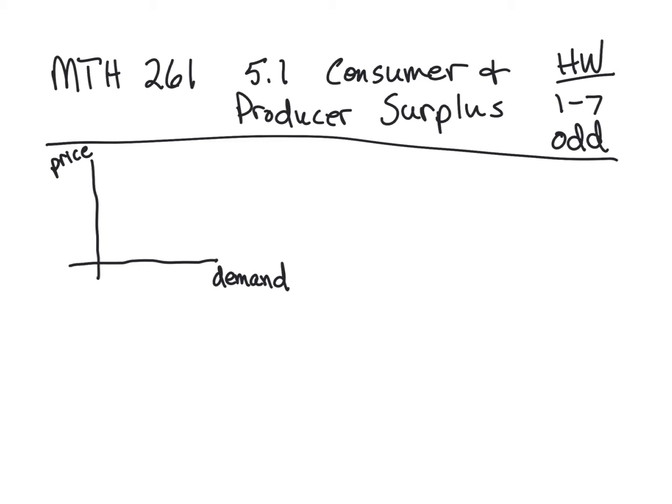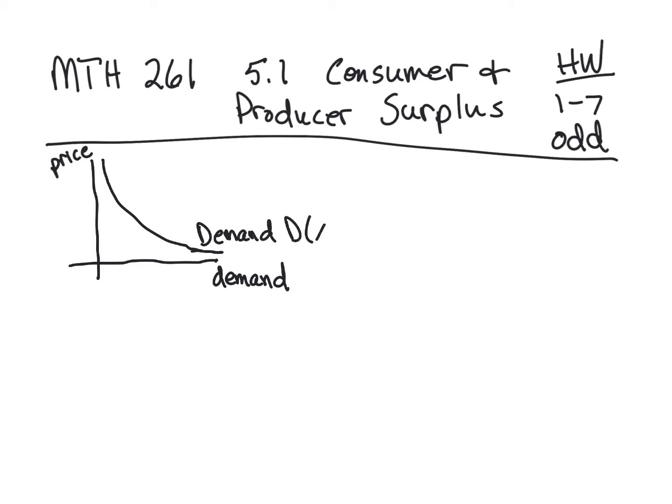But if the price is high up here, then demand is relatively low. But if the price is low, demand will be high. So you get this curve that looks like this. This is called the demand curve.